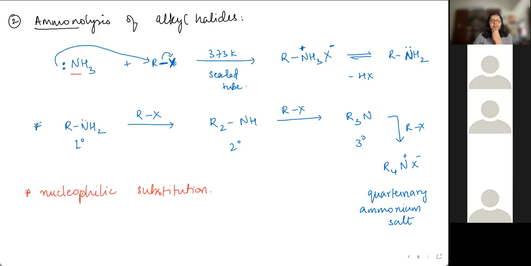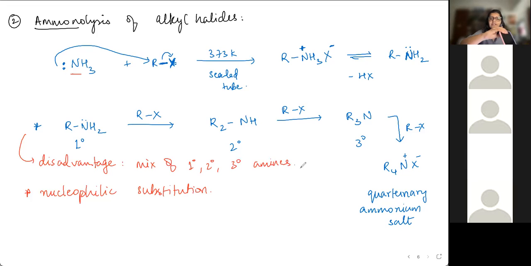But as I said, because of this disadvantage, due to how all these steps are proceeding, you get a mixture of primary, secondary, tertiary amines. So if your focus is purity of the product, then this is not exactly suitable. But if you just want to manufacture a bunch of amines, use this method.